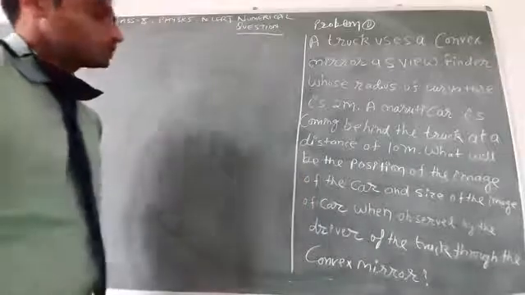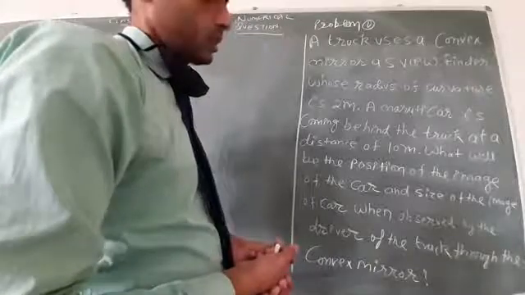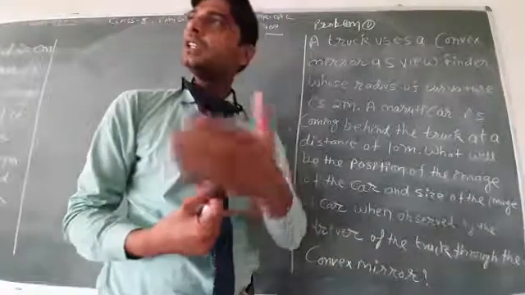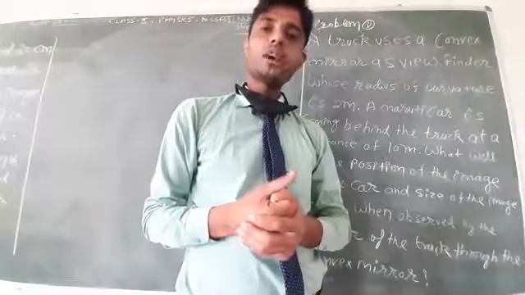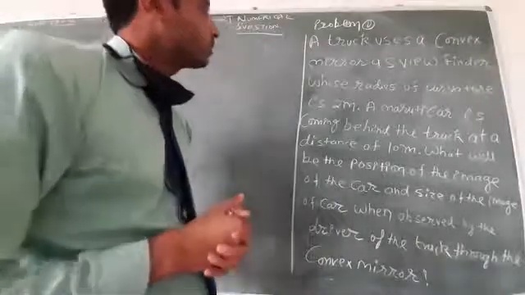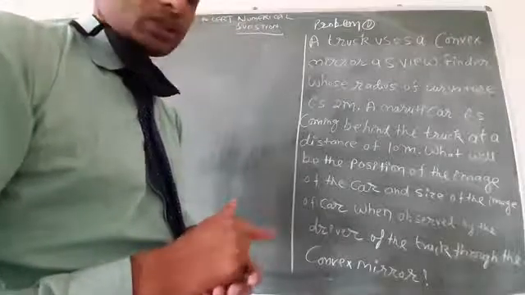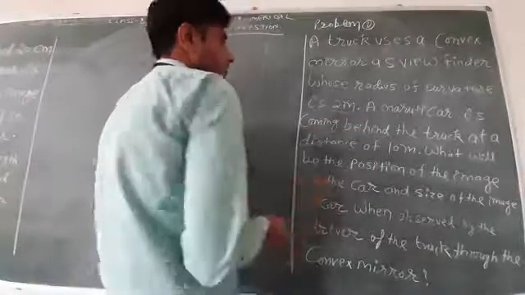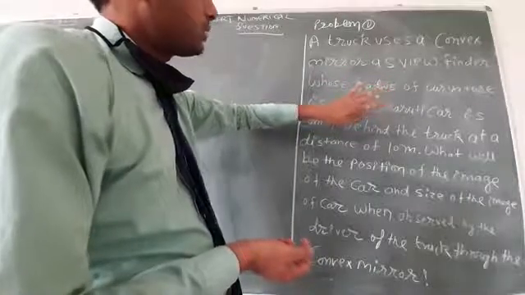Okay. So a truck uses a convex mirror. As you know, in a vehicle, to see behind, we use a convex mirror. A truck uses a convex mirror as a rear-view mirror whose radius of curvature is 2 meters.